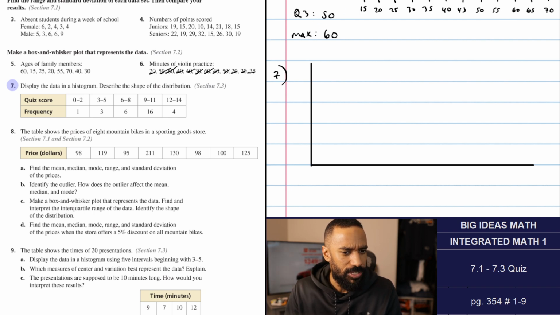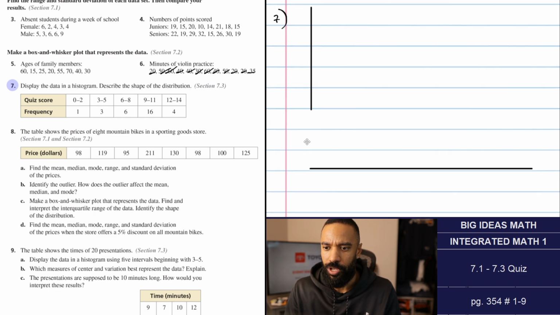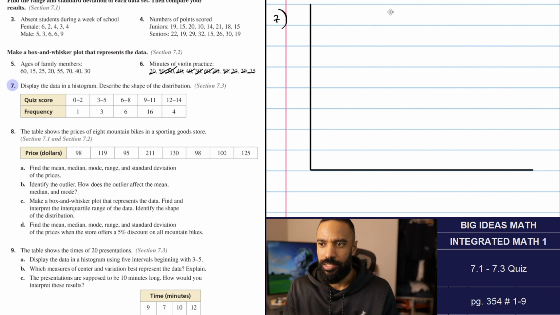We have to go up to 16. Ooh, so let's go by twos. 1, 2, 3, 4, 5, 6, 7, 8. Let's go up by increments of 2. Hope that's okay. To hit 16 at the top there.